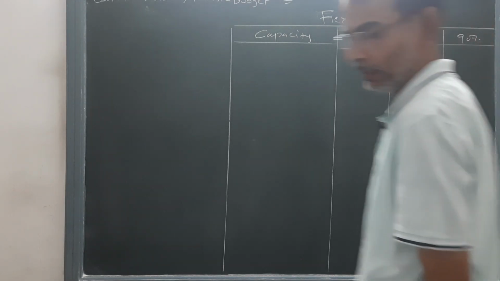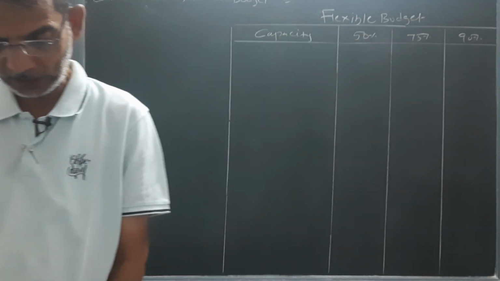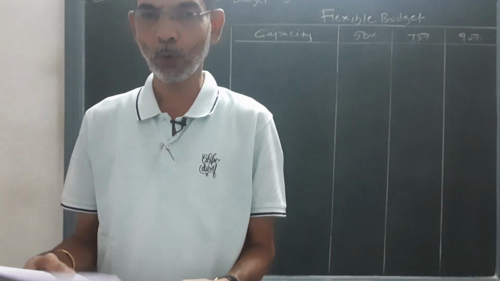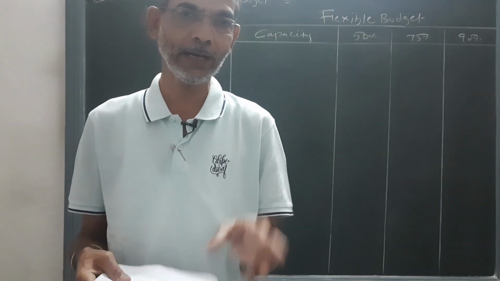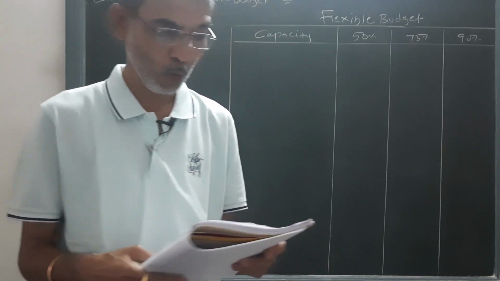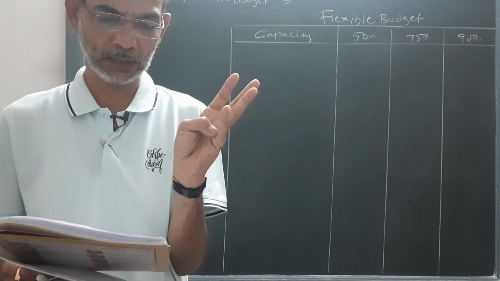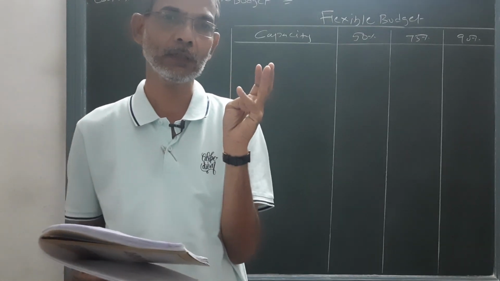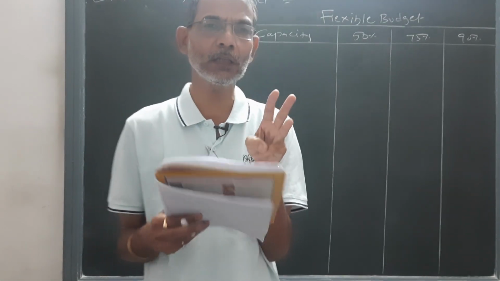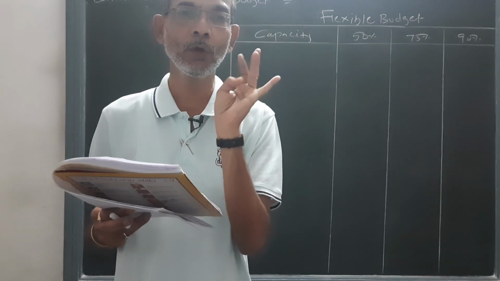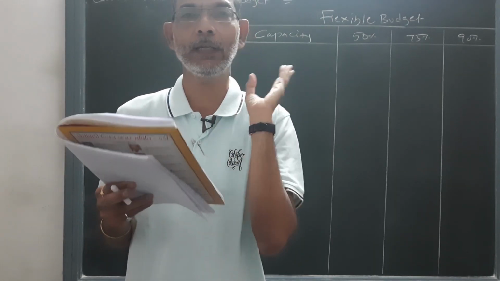Now you can see that there is a suspense in this sum at three stages. How? Factory overheads, office overheads and selling overheads. All these three overheads include fixed and variable overheads.